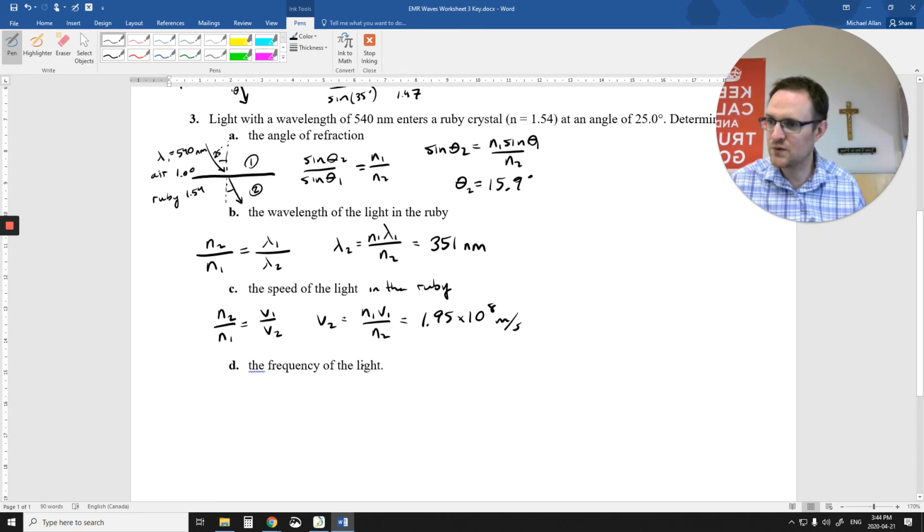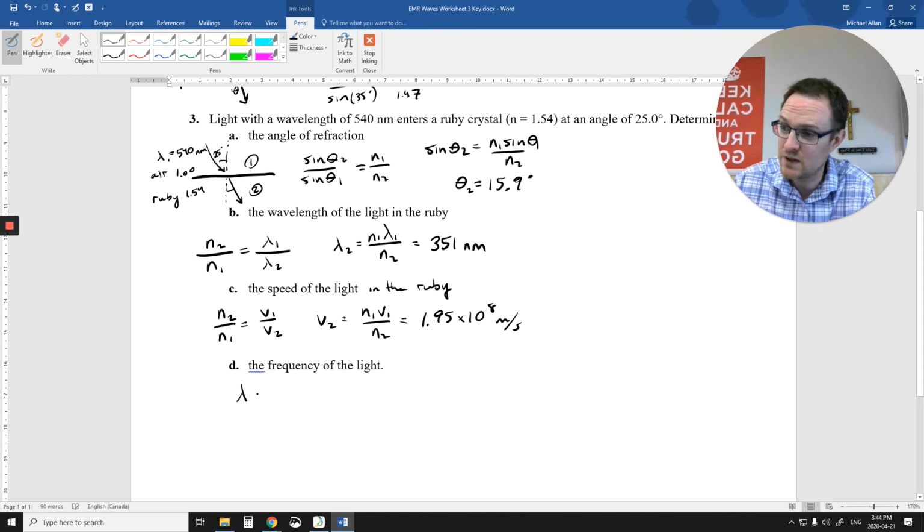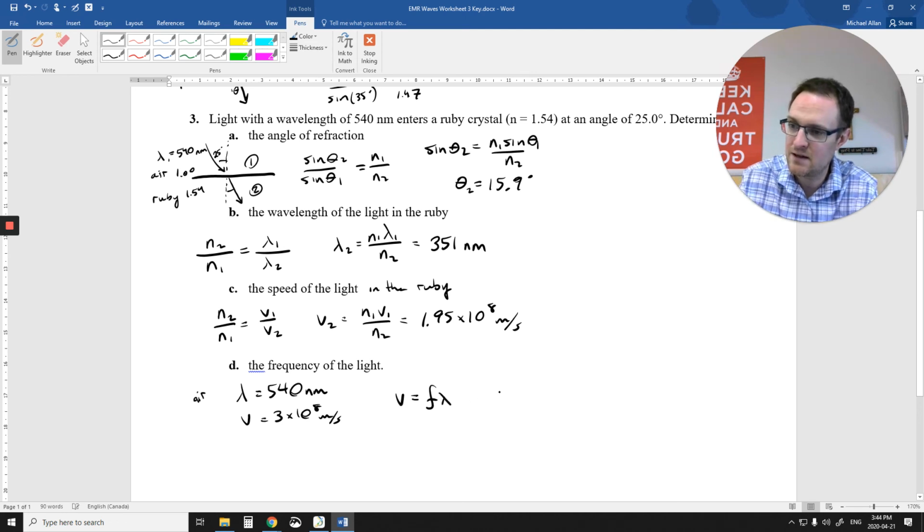And what's the frequency of light in the ruby, or outside the ruby? It really honestly doesn't matter because the frequency stays the same. So if I know the wavelength somewhere, which we do, 540 nanometers, this is in air, and the speed of light in air is 3 times 10 to the 8 meters per second, I can use the universal wave formula to find my frequency.